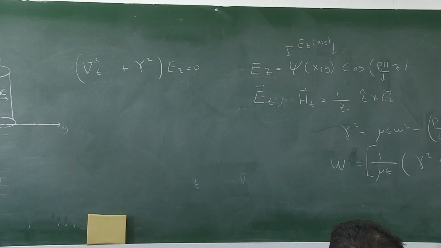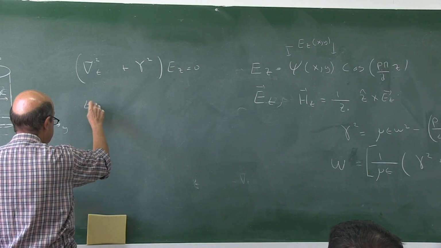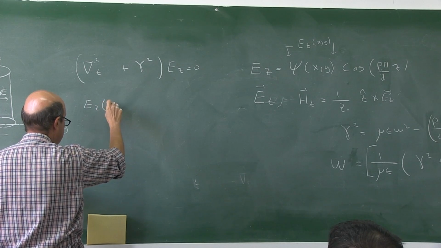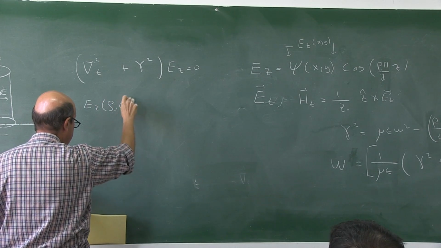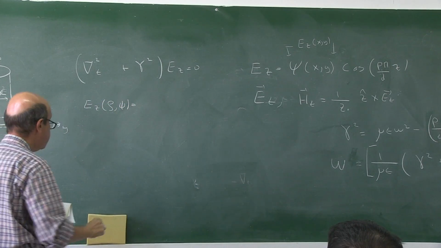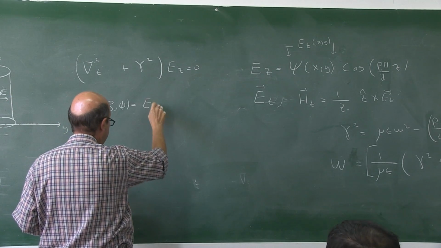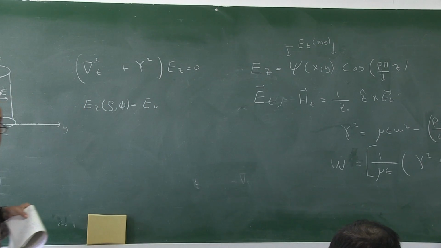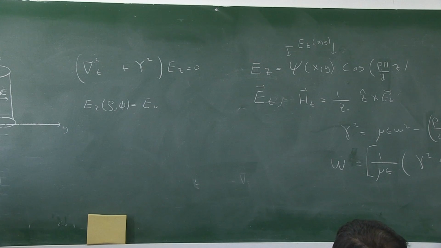So, what is the solution of this? If this is the cylindrical coordinates, the Ez, depending on radial and azimuth components, is what? Some E0 and what else? Is the solution spherical harmonics, Bessel functions, or what?